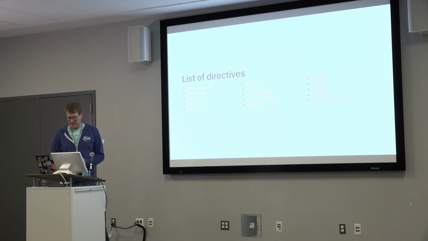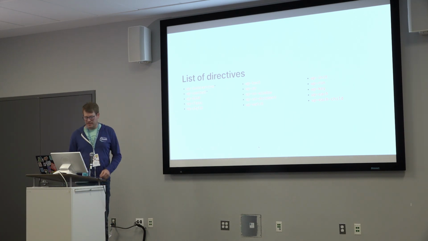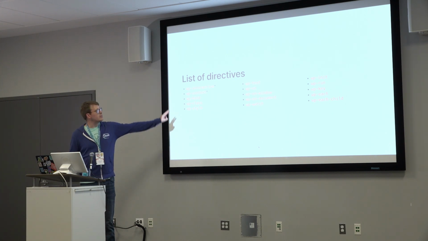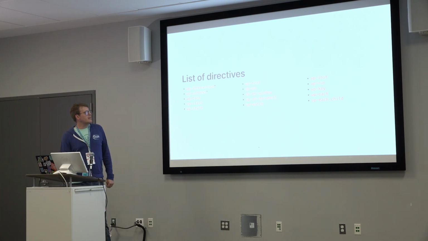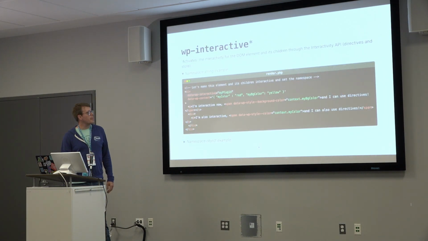These are a list of the current directives, and I flag these two because they're the two you'll definitely use the most, and interactive is the one that you need as a requirement.